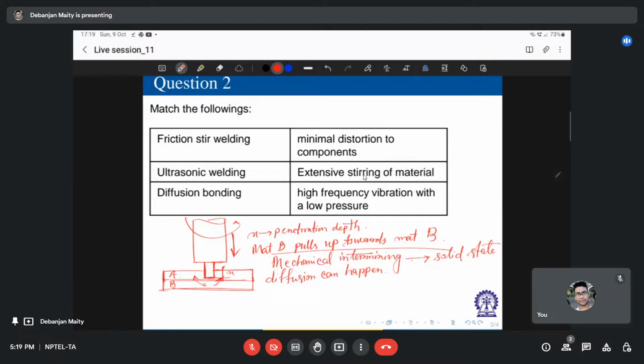So for this question, friction stir welding will be matched with extensive stirring of the material, right?